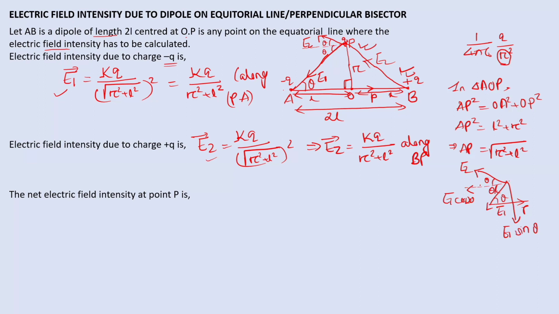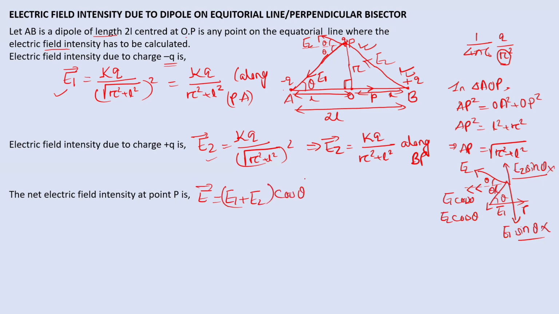So if you see here, E2 cos theta is also in the same direction, and the projection will be on the opposite side, that is E2 sin theta. We will see that E2 sin theta and E1 sin theta, they will cancel each other, right? So you will have the net electric field E equals what? E1 plus E2 times cos theta.